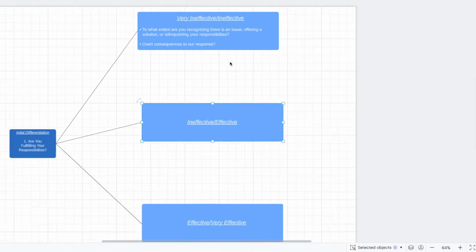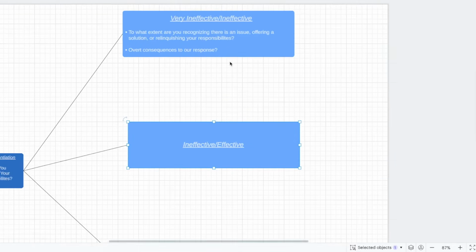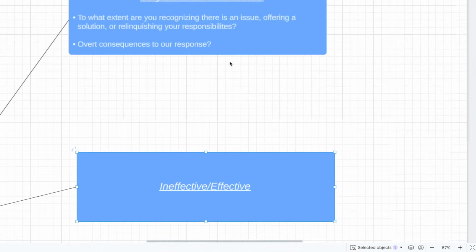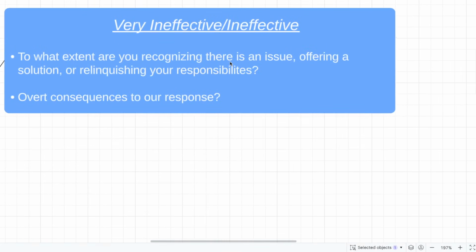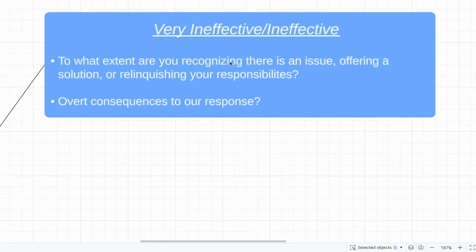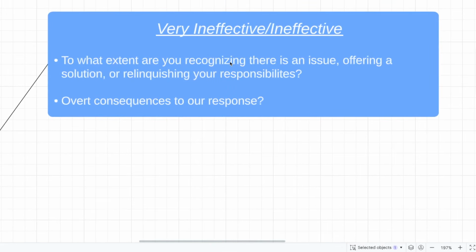To what extent are we recognizing there's an issue, offering a solution, or relinquishing our responsibilities? Also, are there any overt consequences to this response? Don't worry, we'll have a whole list of them after we go through this exam, but these are 2 questions to further clarify what it means to cause a problem, right?